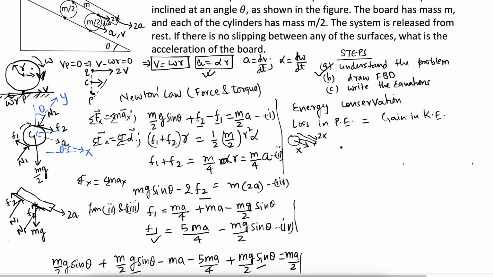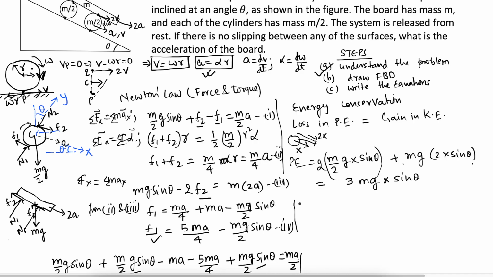Using this, let's write the loss in P, and that is going to be m by 2 g x sine theta, because x is in this direction, so in vertical it will be x sine theta, and there are 2 cylinders, so we'll multiply it with 2, and then for board we have mg 2x sine theta, because it will go down with 2x, and that is equal to 3 mg x sine theta.